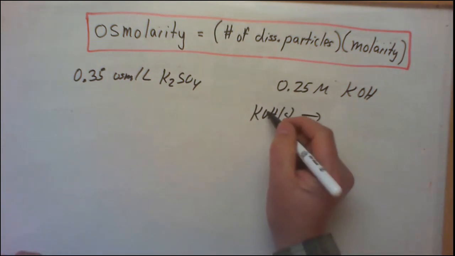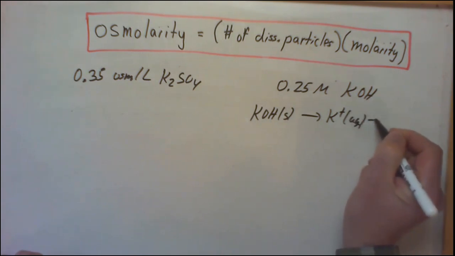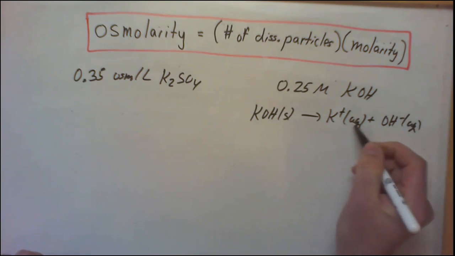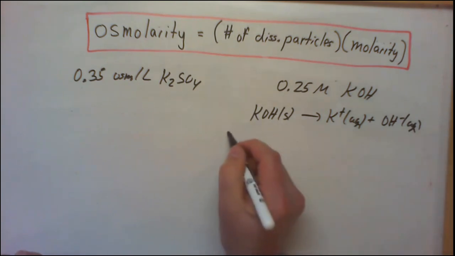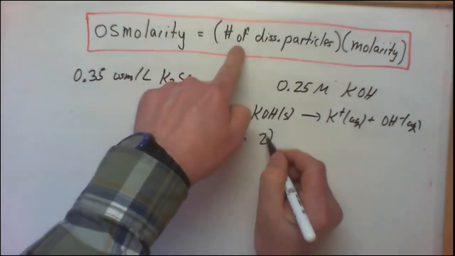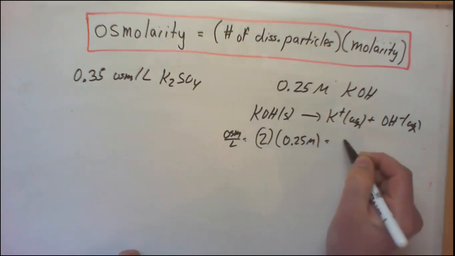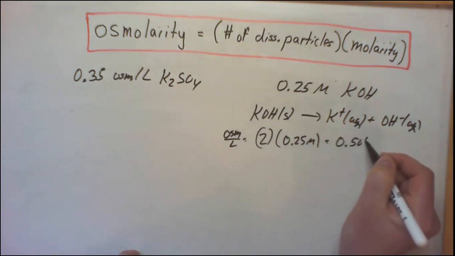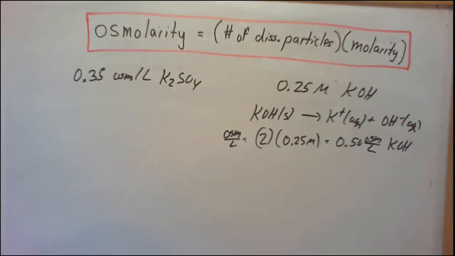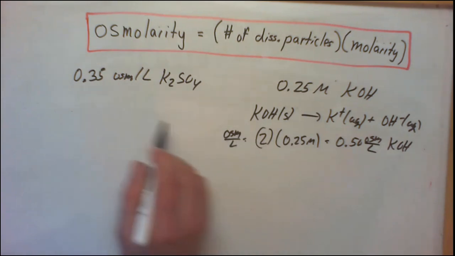Potassium hydroxide will break up into its cation and anion, 1 cation, potassium, and 1 anion, the hydroxide ion, for a total of 2 particles. So its osmolarity is equal to the resolved particles, 2, times the given molarity, for an osmolarity of 0.5 osmoles per liter of potassium hydroxide. So now we have our 2 numbers that we can compare apples to apples.